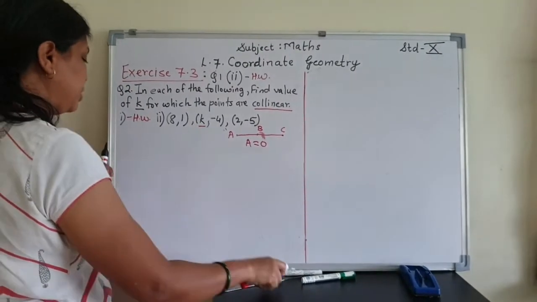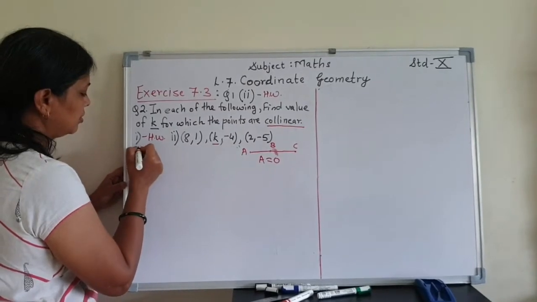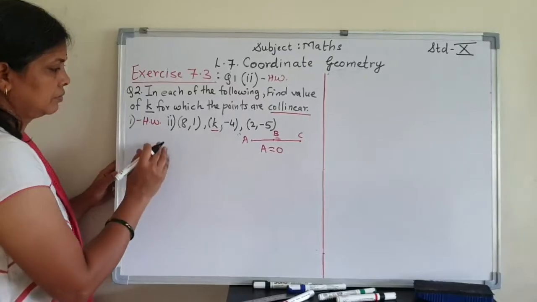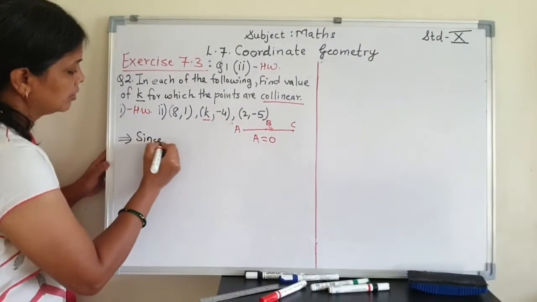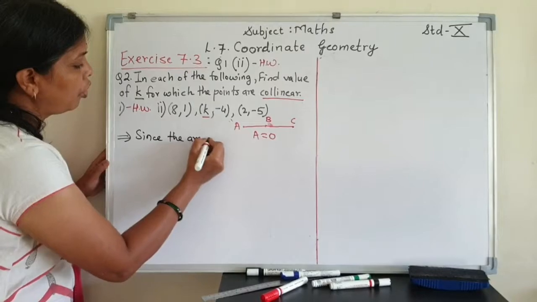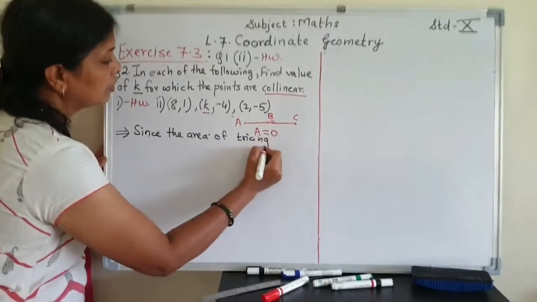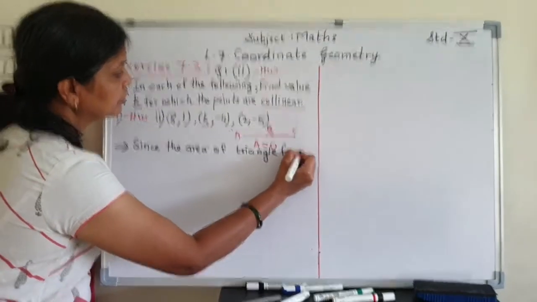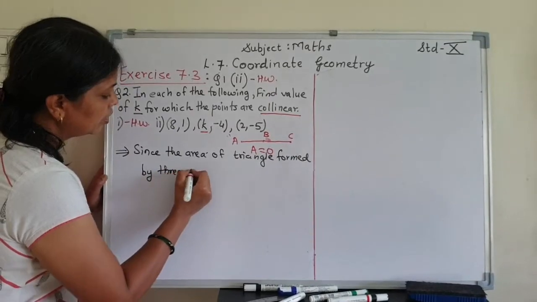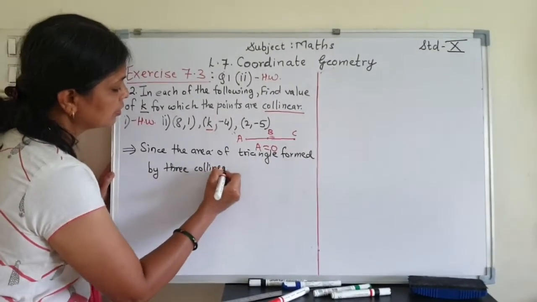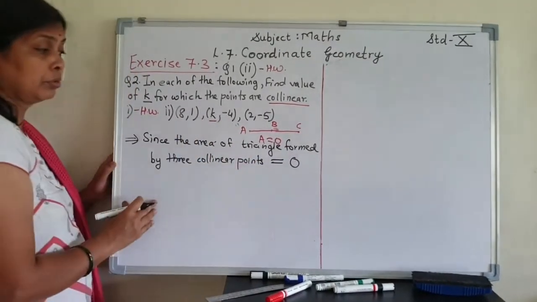So first of all, we are mentioning that since the area of a triangle formed by 3 collinear points is equal to 0.